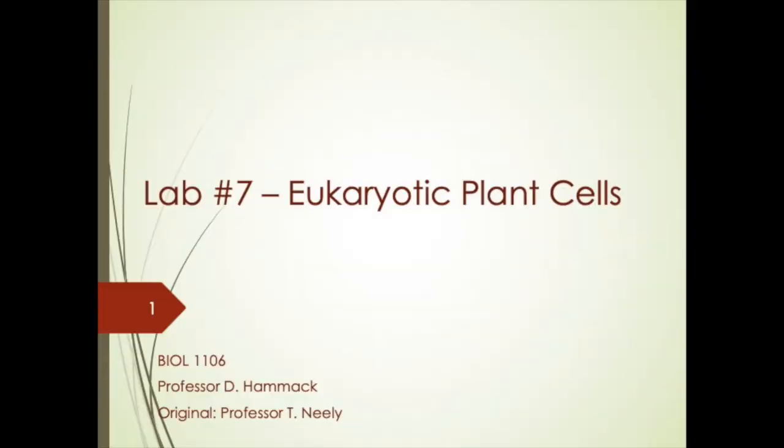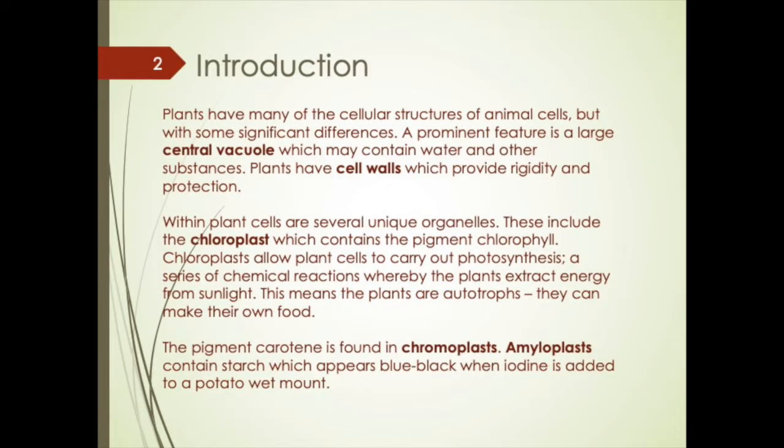All right, so lab number 7, eukaryotic plant cells. This is my wheelhouse of study. I've been studying botany for 15 to 17 years now, so it's been a long time. Anyway, plants have many cellular structures, some similar to animal cells, but some with significant differences.